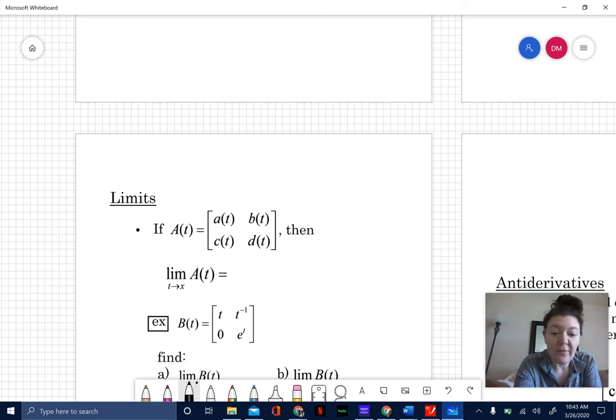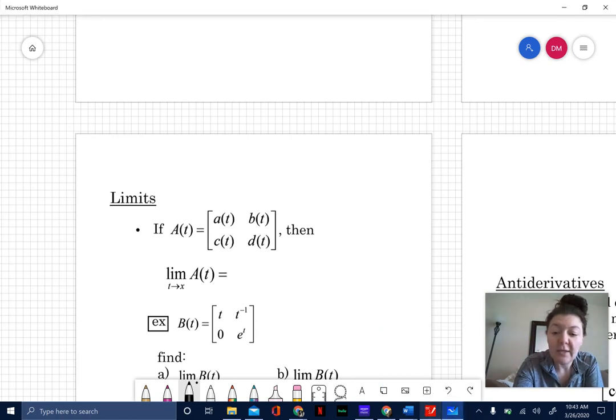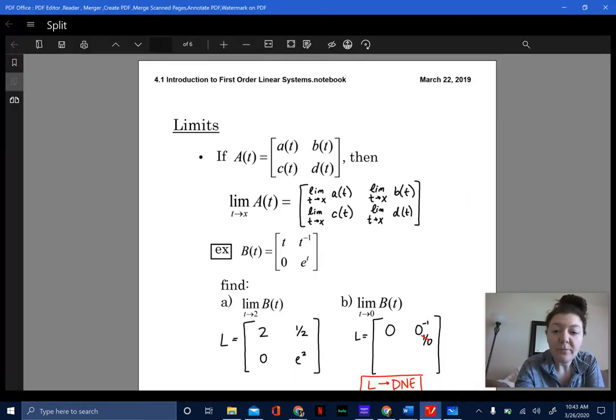Now, instead of me writing it all in, because it's awful, I do have the previous notes, so I'm just going to pull them up here. If we want to evaluate the limit of our A of t, then we essentially just take the limit of each individual element as t approaches x, or whatever it is that we're evaluating here. So for each element, we independently evaluate the limit.